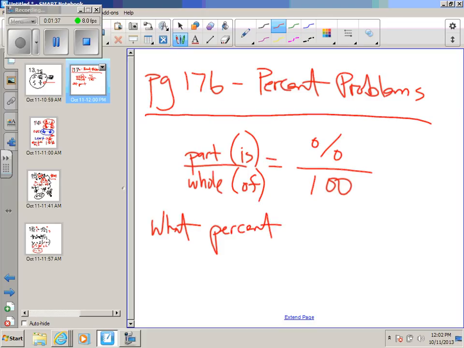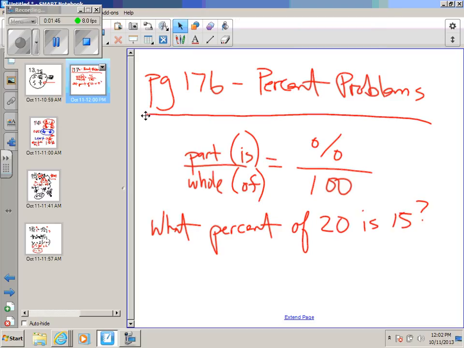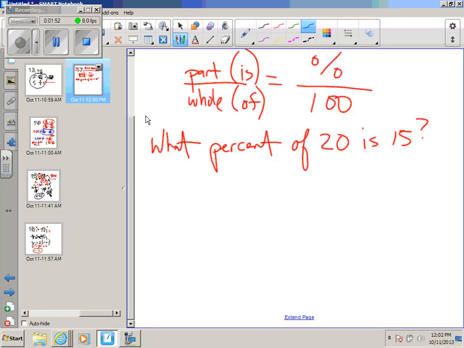What percent of 20 is 15? Okay, so what we'll do, we'll use this formula, use this model, and we'll put things where they belong. What percent? Do I know my percent? Do I see any of these numbers with a percent sign after it?